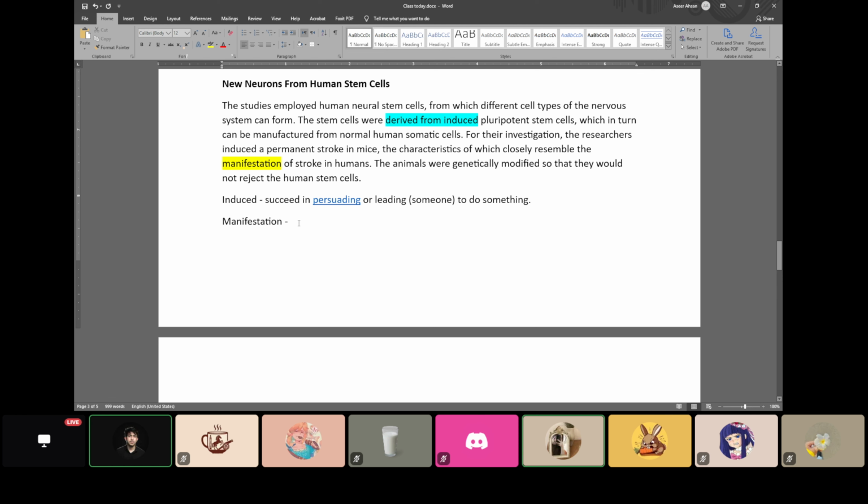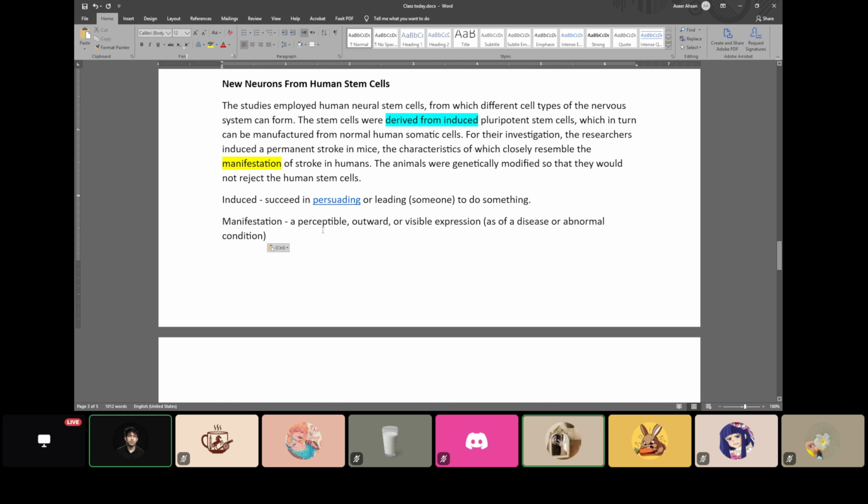Okay, manifestation. If I try to explain this word in simple words, manifestation means like expressing my feeling or emotion. That is the simplest thing we could say. But in this context, it's a medical term, and manifestation is a perceptible, outward, visible expression as of a disease or abnormal condition.